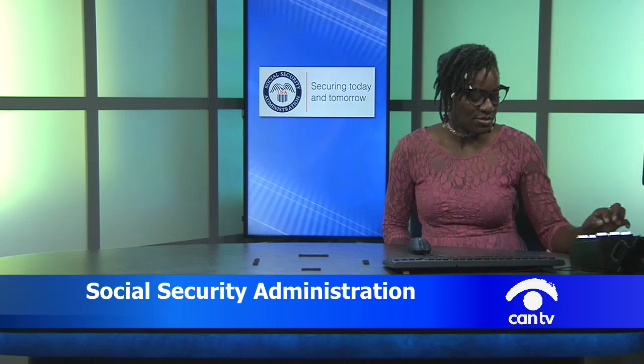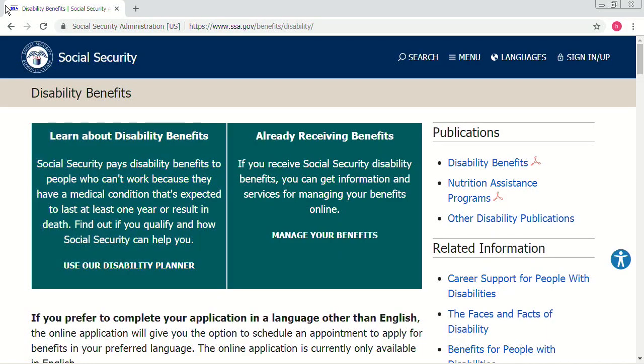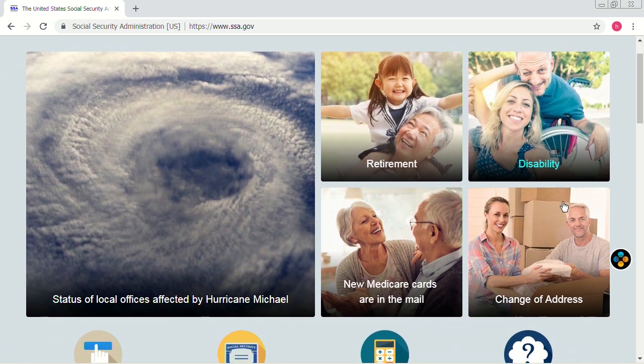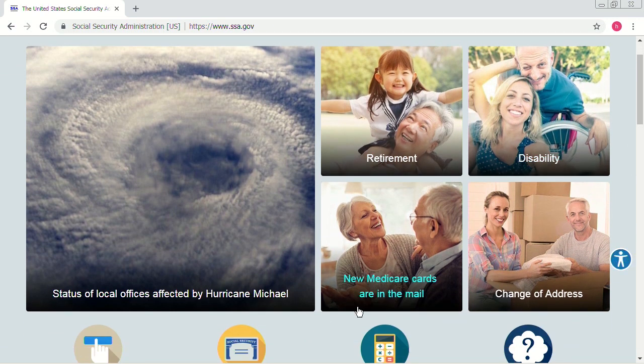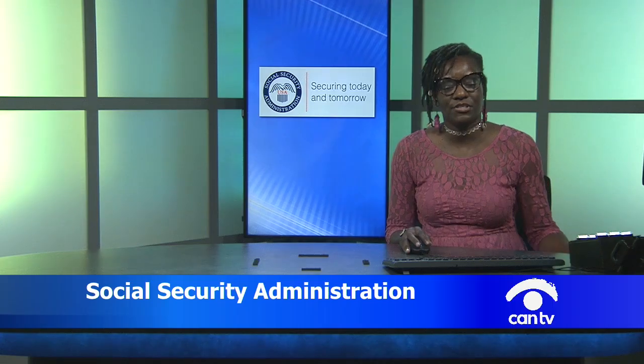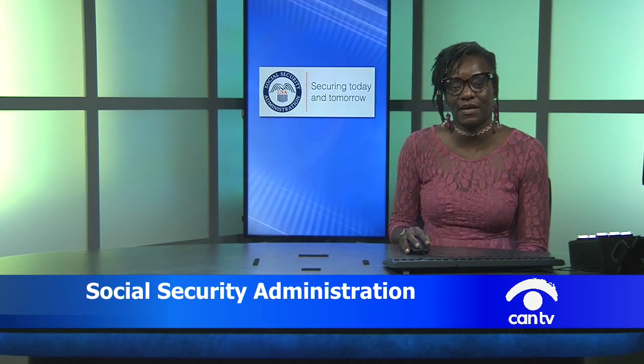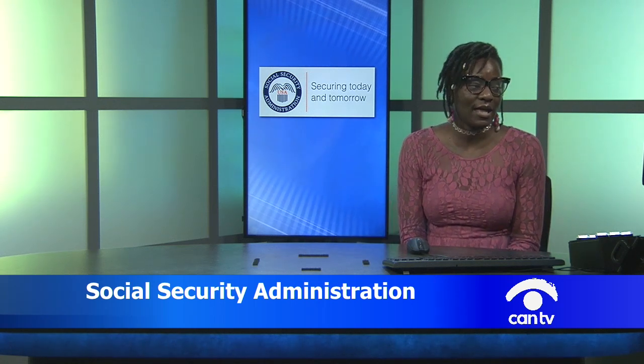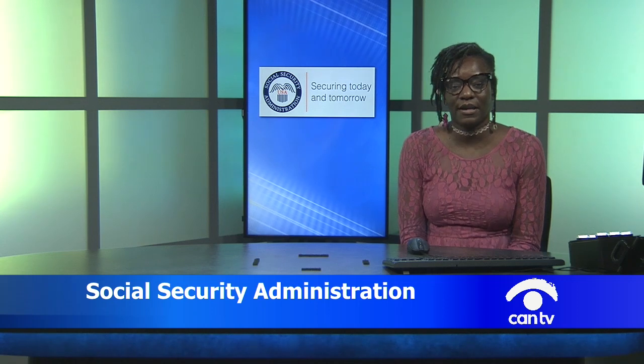Now, going back to the website, not only can you apply for the retirement and the disability, but you can also apply for the Medicare. The Medicare is age 65. If you're age 65 and you are Medicare age, you can go online and apply for the Medicare benefit.